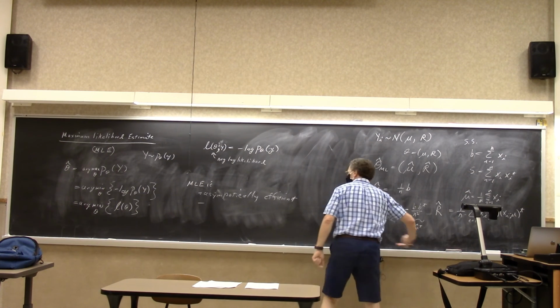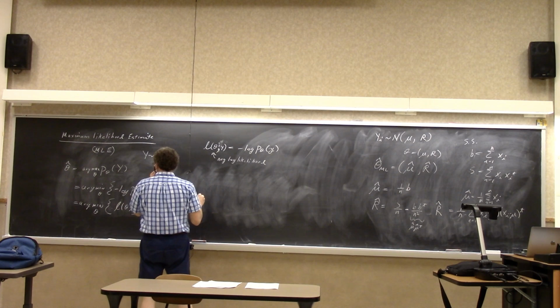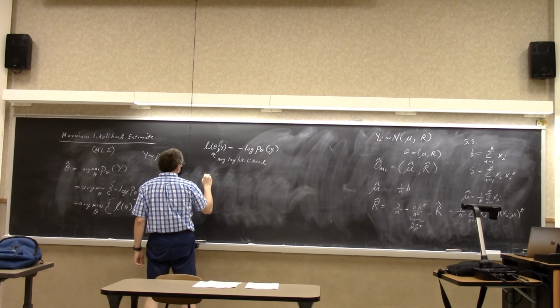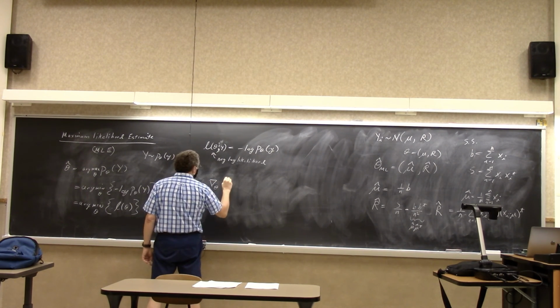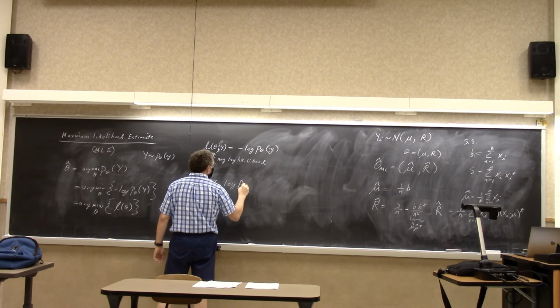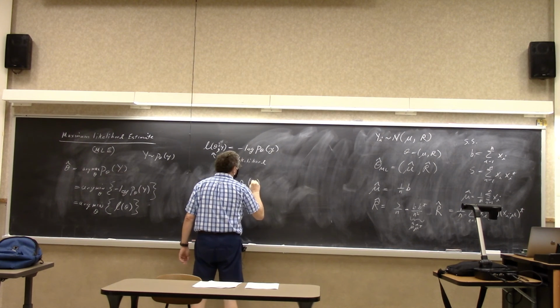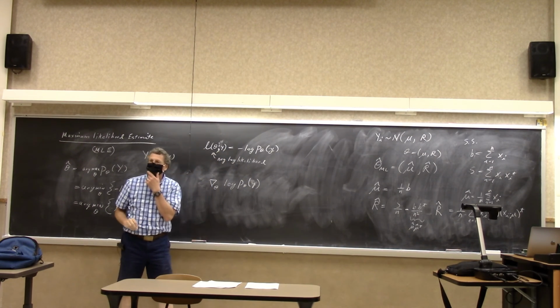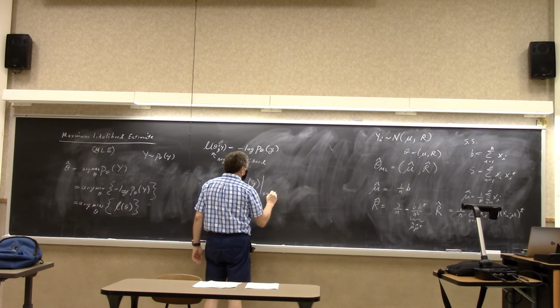Let me say one last thing, and then I'll go, because we have to get out of here. The way you solve for it: theta hat is the solution where the gradient with respect to theta of the log of p theta of y, usually for a non-random y, equals 0 at theta equals theta hat.